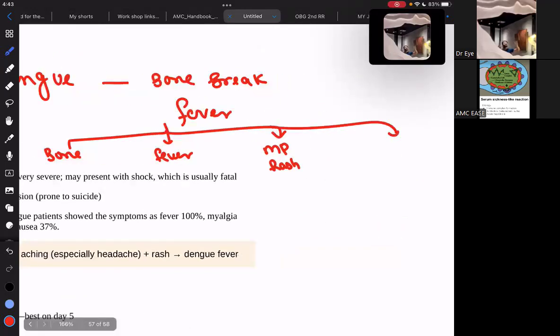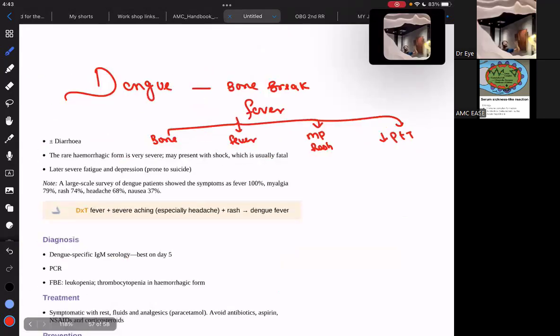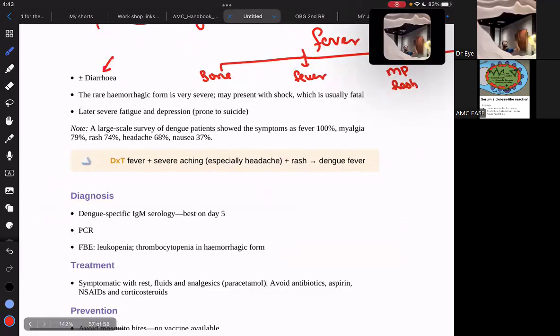The patient will have decreased platelets also. Sometimes the patient comes with atypical symptoms like diarrhea, but these atypical symptoms could also be present with malaria, where the patient will have diarrhea, abdominal pain, and cough.